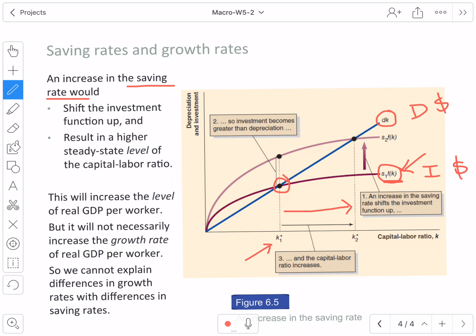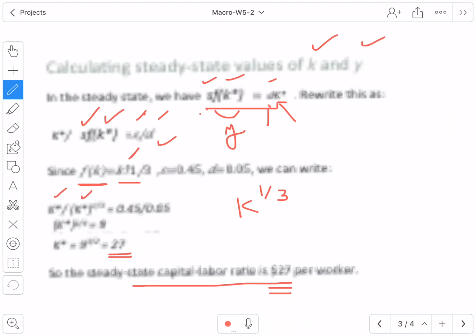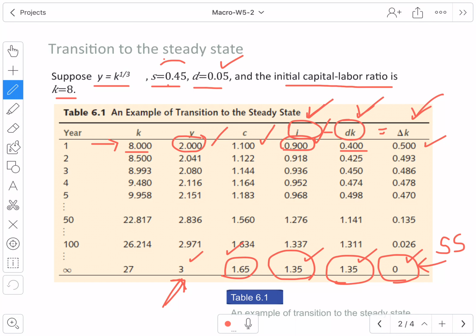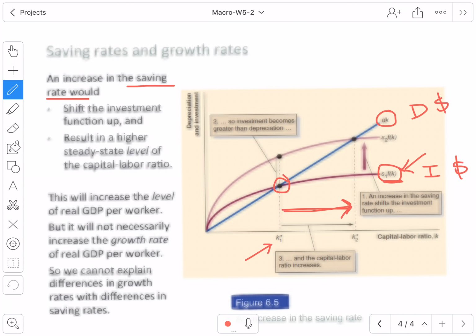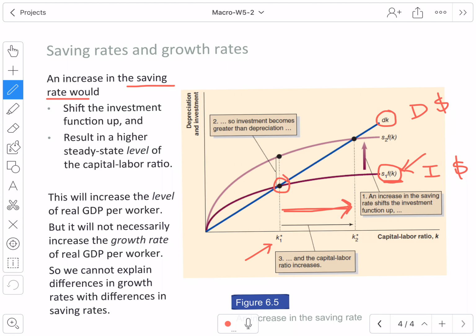And if there is an increase in capital labor ratio, then from the equation, if k increases, y would increase. But this doesn't always have to be the case because we still have other factors. So we have to think about other factors.